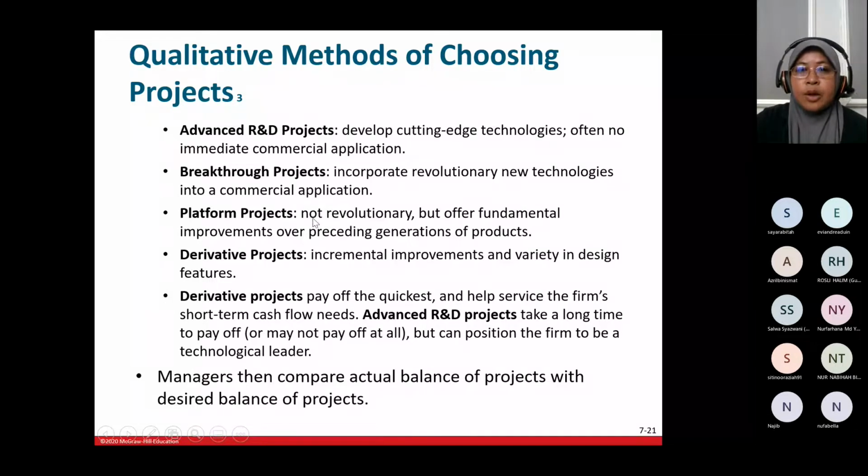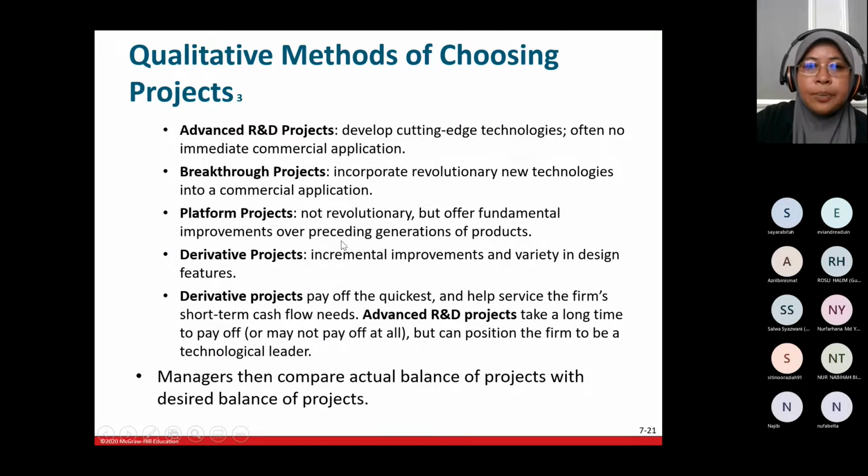Platform projects are not revolutionary, but offer fundamental improvement over the preceding generation of the product. Meaning to say that it's already there, in which the innovation started with some improvement. Derivative projects are the incremental improvement and variety in design of features, in which, like handphones, you started to have different offerings and different additions.